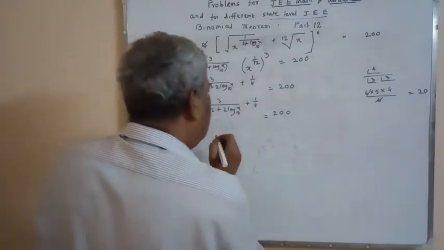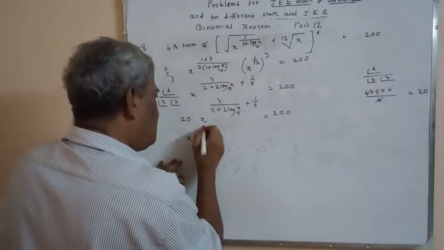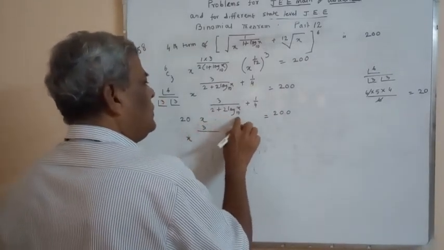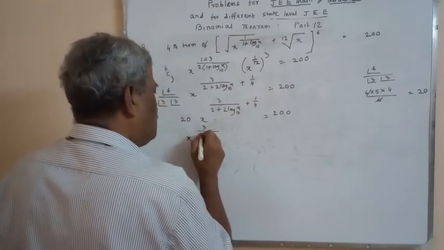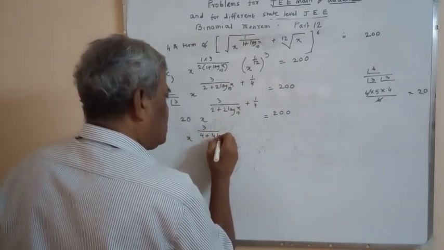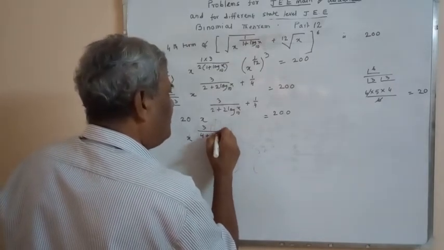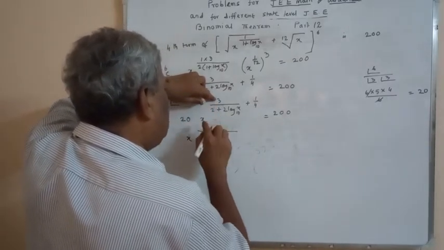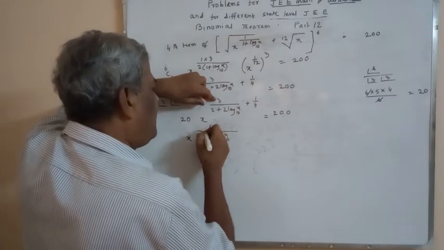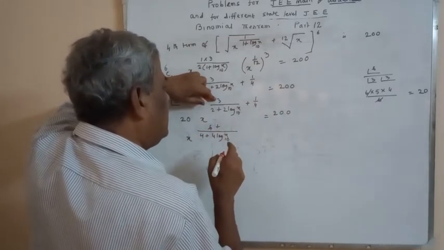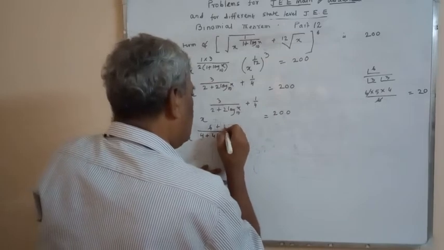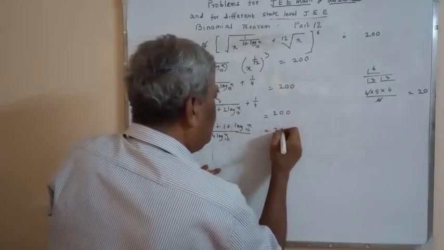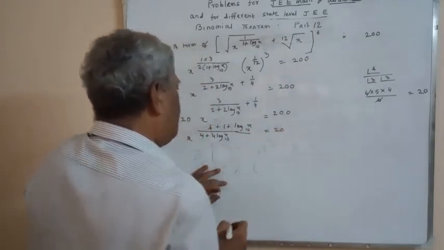That is x to the power 3 by... their LCM is this into 2, that is 4 plus 4 log x base 10. This must be, in that case, 6 plus 4 is there. So 1 plus log x base 10 is equal to 20.